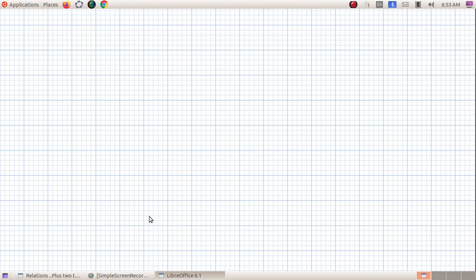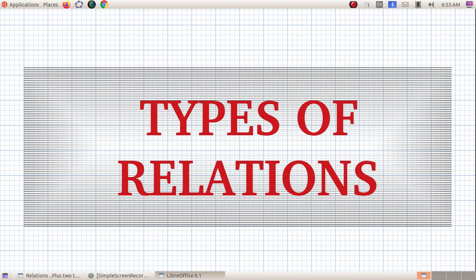Now let us start our 12th standard topics. Here we want to learn types of relations, a very important one. To understand the types of relations, let us go through simple examples. Consider the example.